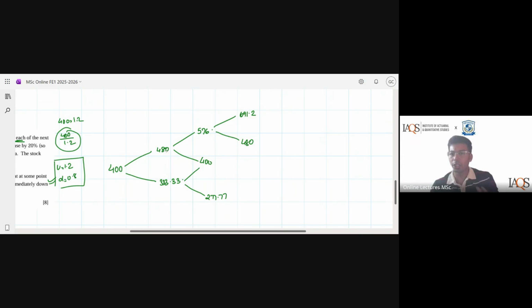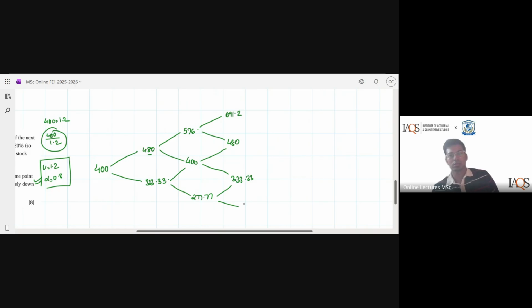Remember, in this, when U is equal to 1 by D, the assumption holds true, the middle values converge to the same value. This will be 480. This will be 333.33. This will go up, and let me know what this will be. 231.475. Perfect. Thank you. You want to copy it down. Copy it down.